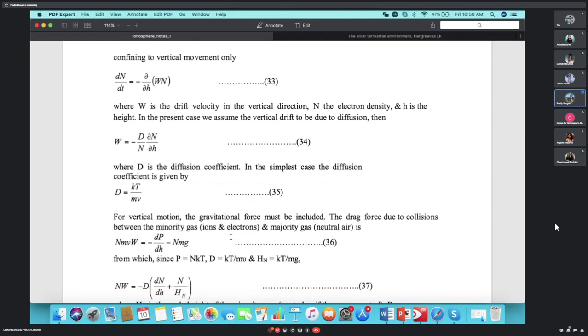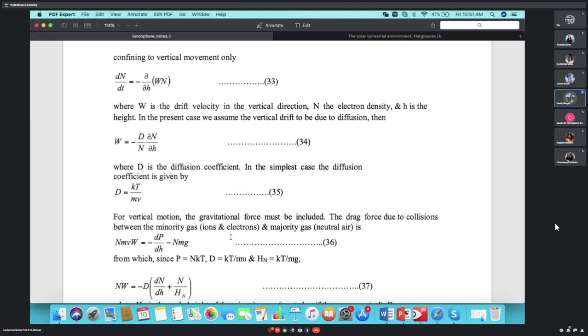It has effects on radio propagation, it has effects on the temperature of the thermosphere, etc. But the number density of ions and electrons with respect to the neutral gas is very, very low. If it is 10 to the power 12 for the neutral density, then it will be 10 to the power 8 or 10 to the power 7, something like that.